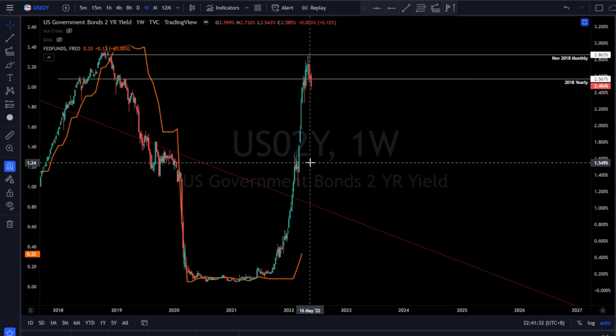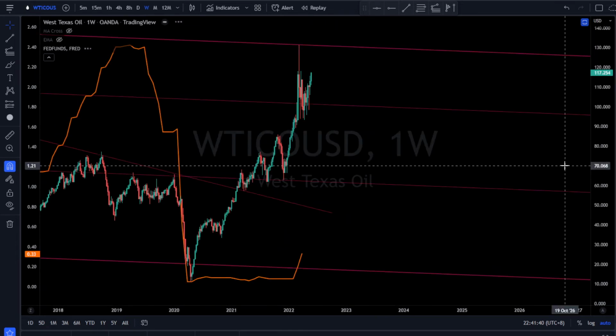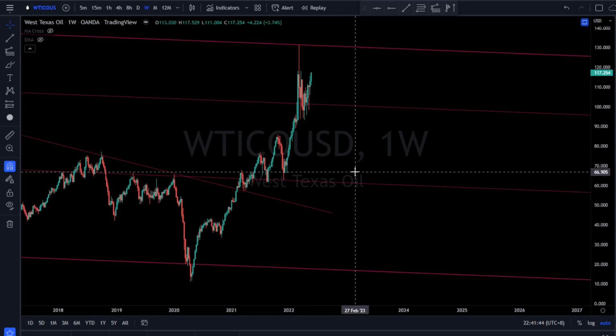Now, moving on to inflation, the oil price is, I would say, a good indicator for inflation. The whole world right now is feeling the pinch of inflation. Everything is going up in price.